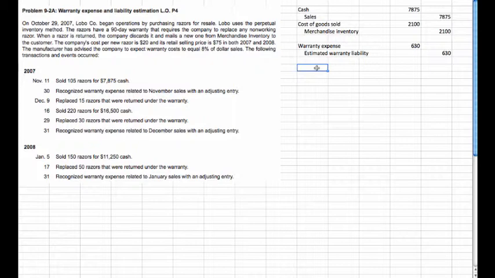That obligation was called estimated warranty liability. We replaced 15 of them. Now 15 of them at a cost of $20 is $300, and we took them out of merchandise inventory in the amount of $300.